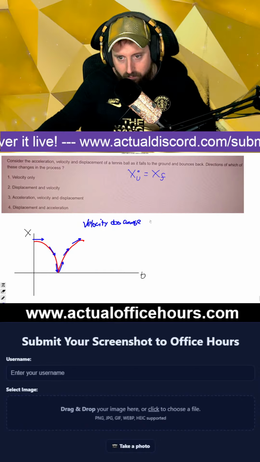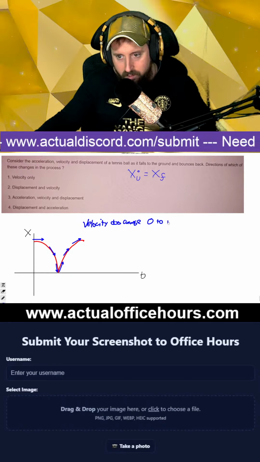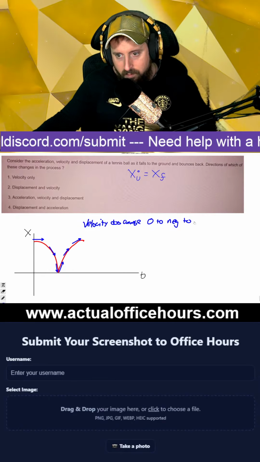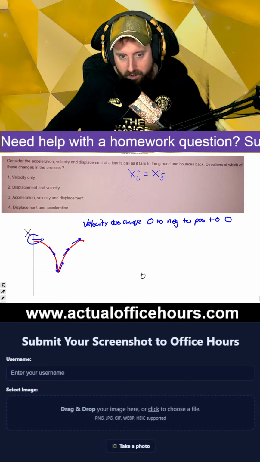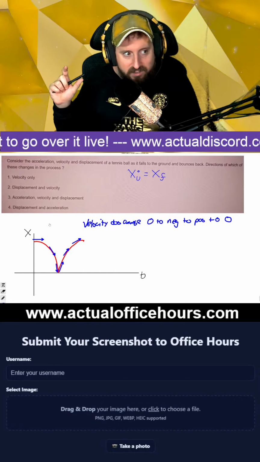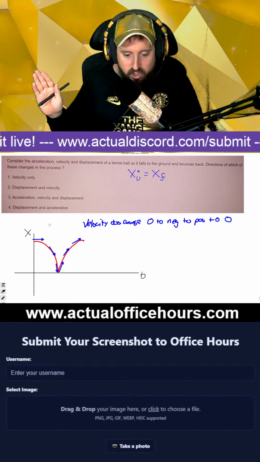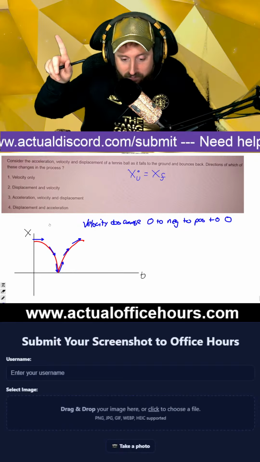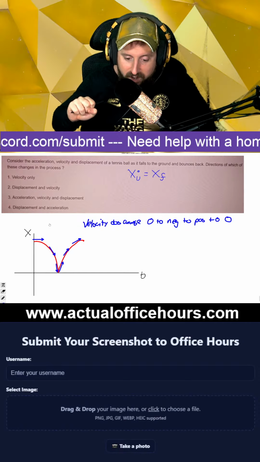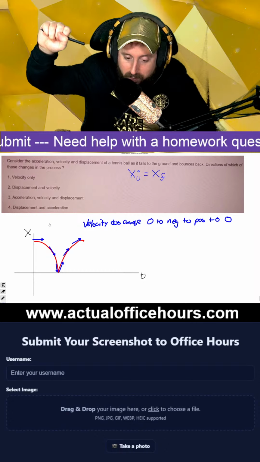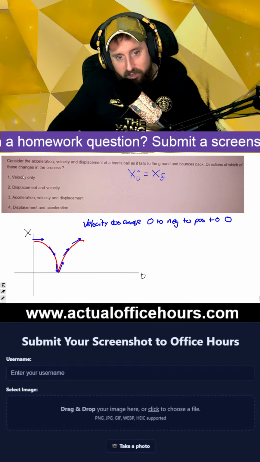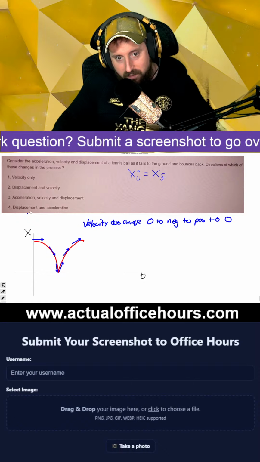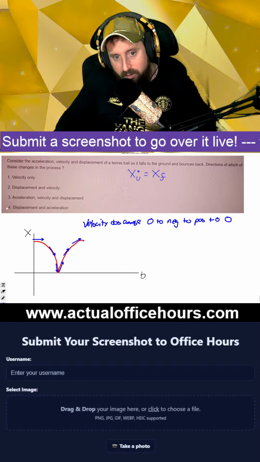It changes from 0 to negative to positive to 0, if we talk about the bounce as an instantaneous switch from negative velocity to positive velocity. Then your positive velocity decreases as you go back up, and eventually that's equal to 0. So I think velocity definitely changes. So I think this answer is wrong.